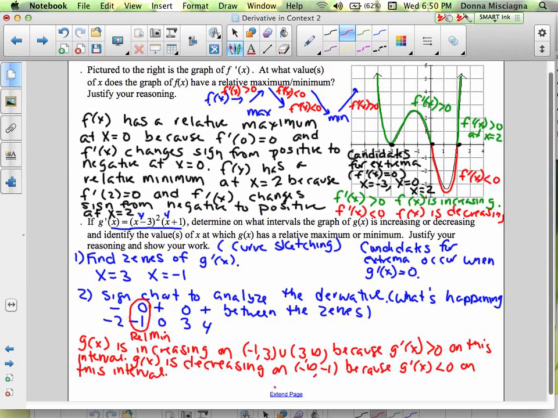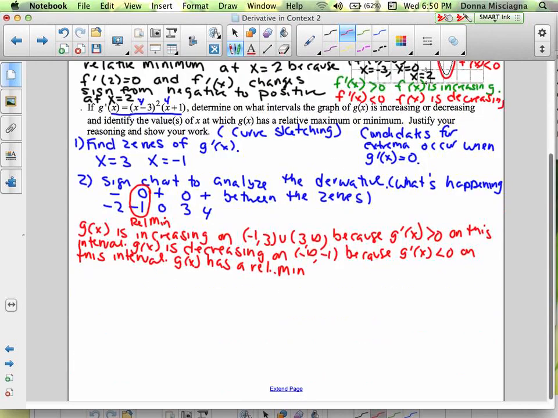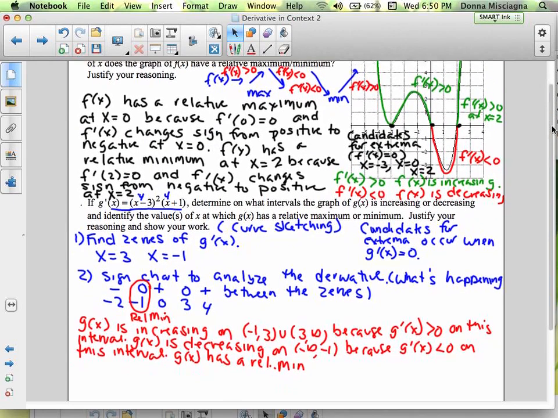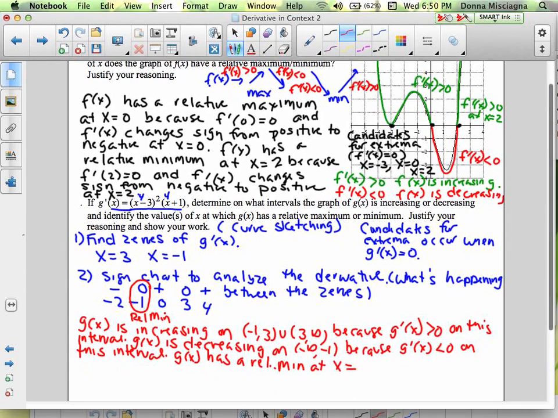And then finally, our relative minimum, relative maximum, in this case, relative minimum. g of x has a relative minimum. I'm going to have to expand the page just a little bit. I think that's good. At x equals -1.